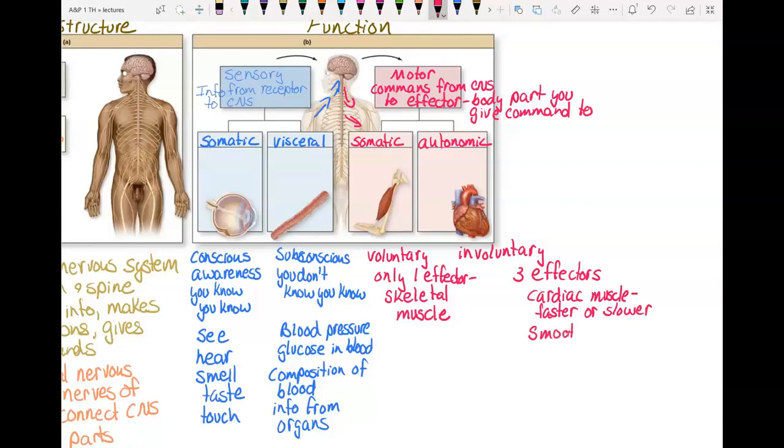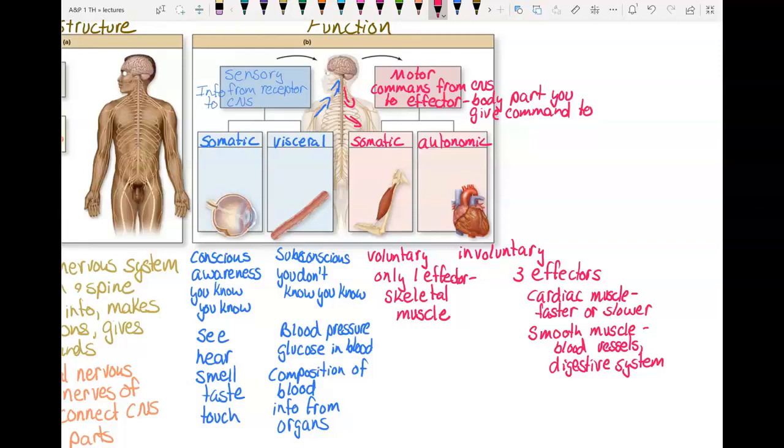Smooth muscle. Examples of smooth muscle include your blood vessels and your digestive system. So when your blood vessels dilate or constrict, depending on your temperature, you don't consciously do that. It happens automatically.